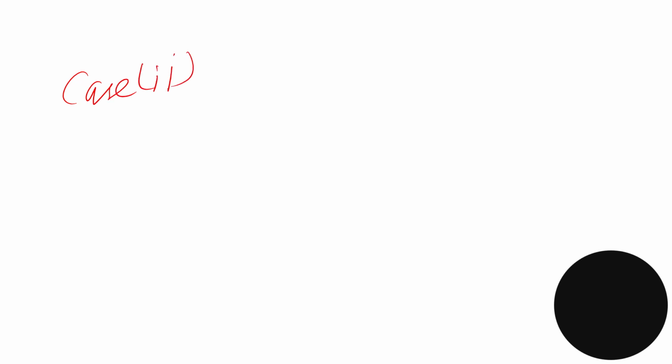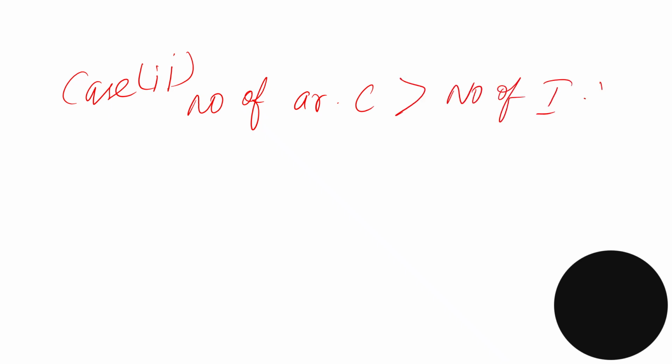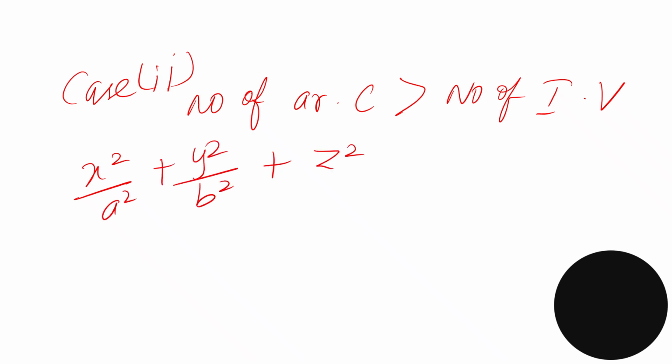Case 2: the number of arbitrary constants is greater than the number of independent variables. For example, take x square by a square plus y square by b square plus z square by c square equal to 1. This is one example of Case 2.